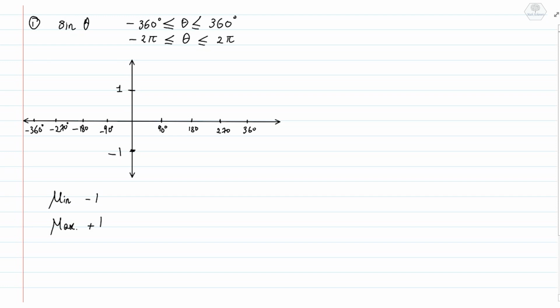If we want to sketch it, we start with sine of 0 being 0, and we go to 90, 180, 270, and 360, so we sketch it like this. And for negative theta, we have it this way.